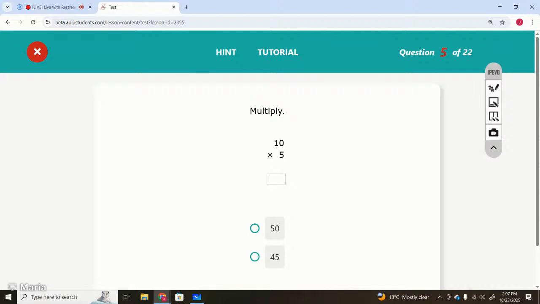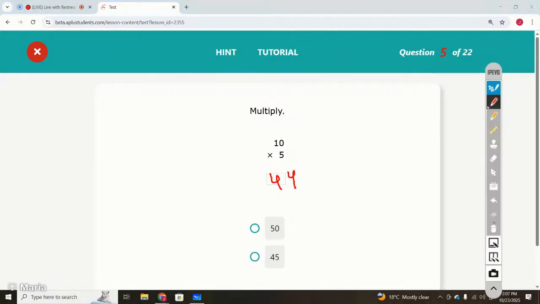So which is the correct option? 5 times 0 is 0. Any number multiplied with 0 always makes a 0. So that is 50. Very good. Option number 1 is the correct option.